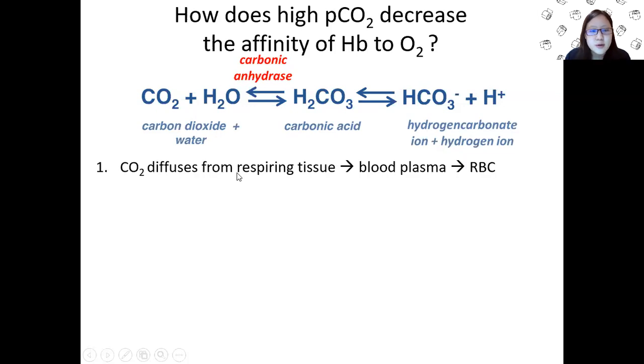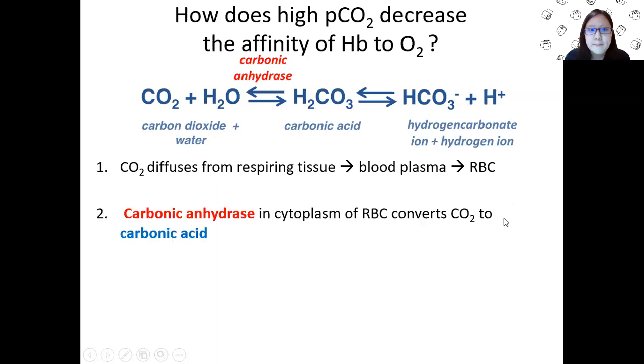Okay, so what happens is this. CO2 from the respiring tissue, a product of aerobic respiration, diffuses out from the respiring tissue into the blood plasma, into the red blood cells. Remember, the tissue is separate from the blood vessels. So it diffuses from the tissue, blood plasma to red blood cells.